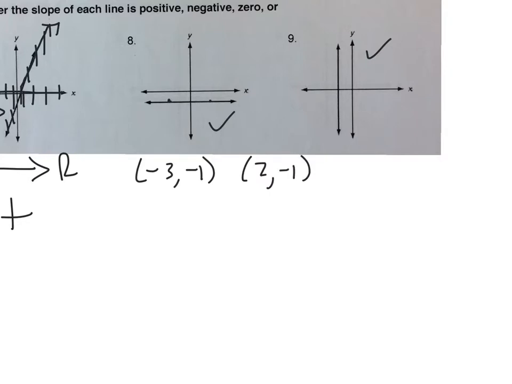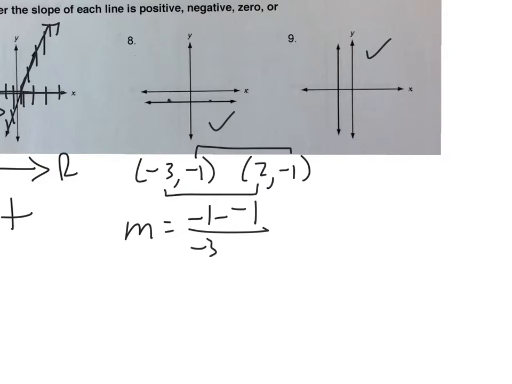Now if I do slope on this one, let's do -1 minus a -1 over -3 minus 2. Well, what you end up getting is -1 plus 1, which is 0, over -5.